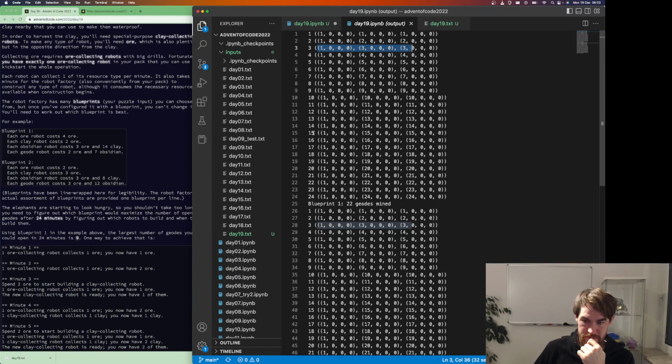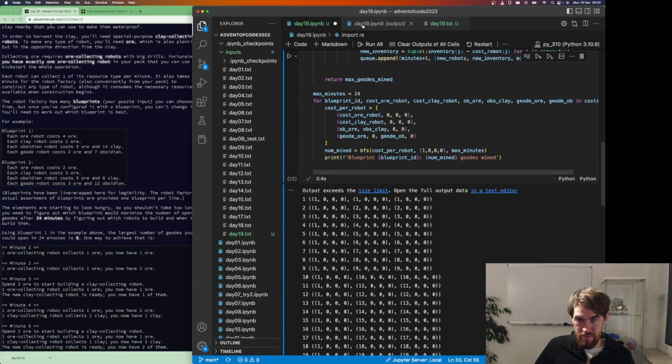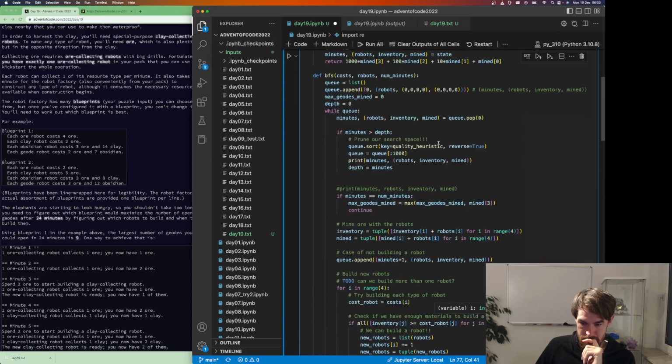That can't be right. Surely it would be better to build anything. And is the num_mind actually correct? What are we doing wrong?